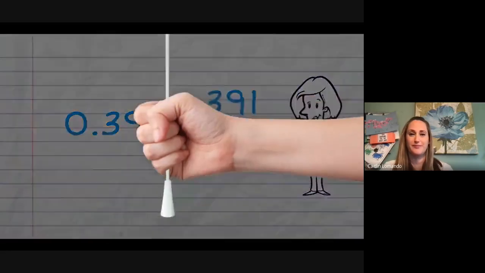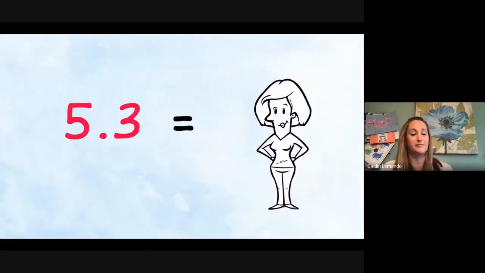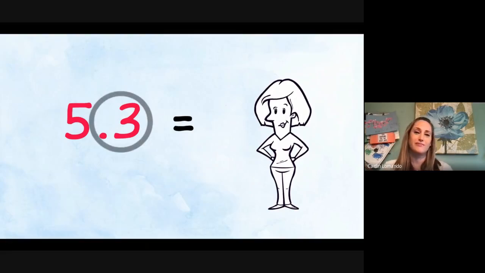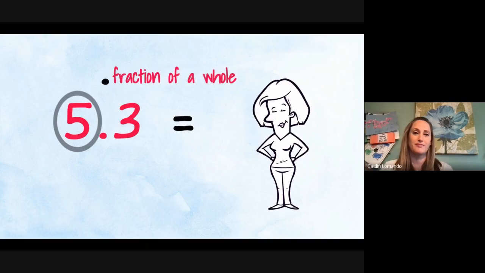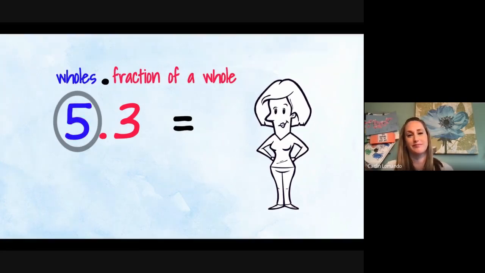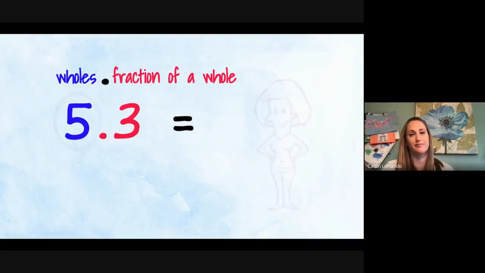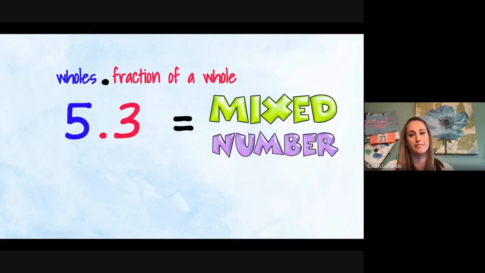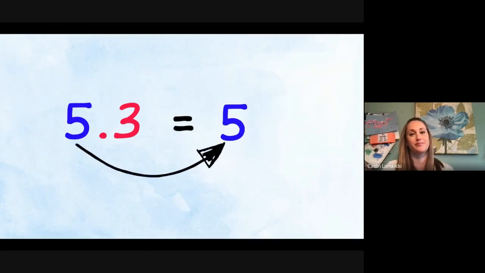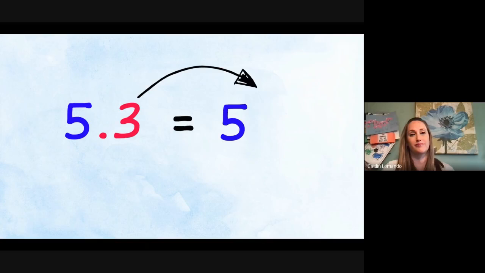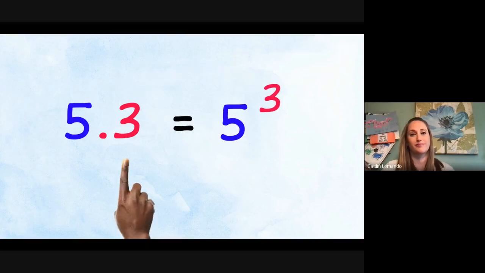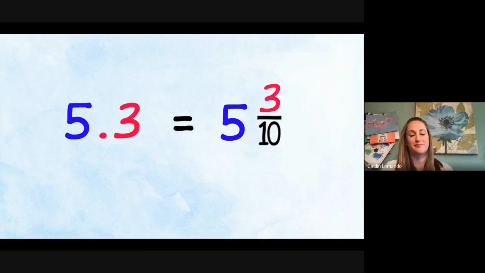Okay, what about this number? 5.3. Well, we know what to do with the decimal part, but how about that 5? Remember, to the right of the decimal point are fractions of a whole one, and to the left of the decimal point you've got whole numbers. It's a whole number and a fractional part. This value is going to be a mixed number. 5 whole ones here. 0.3 tells us our numerator is 3, and as we only have a single digit after the decimal point, that means tenths. 5 and 3 tenths.